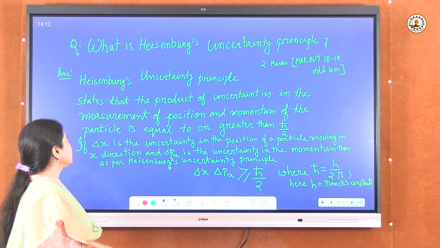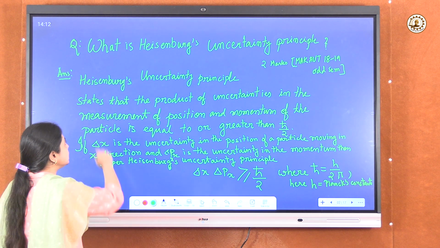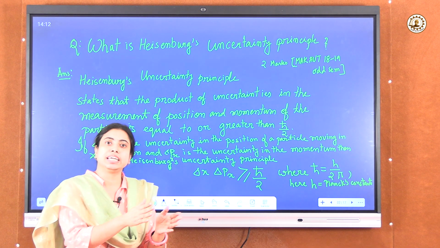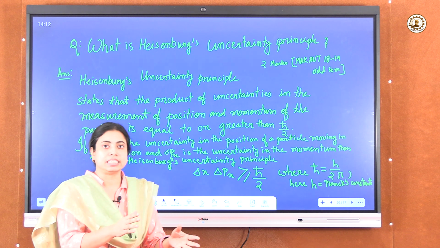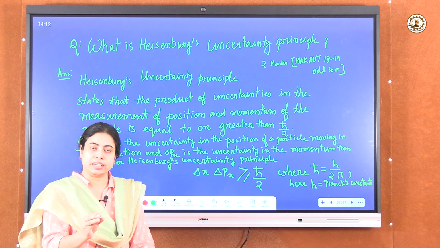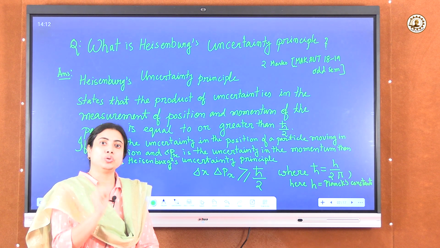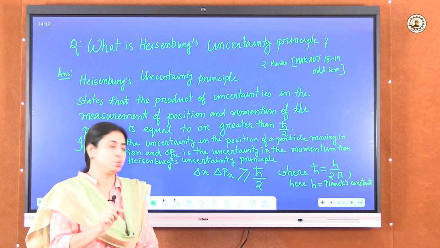So the answer is Heisenberg's uncertainty principle states that the product of uncertainty in the position and momentum of a particle is greater than or equal to h cross by 2.